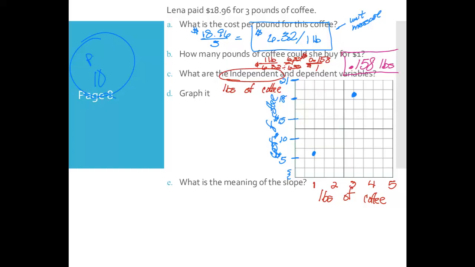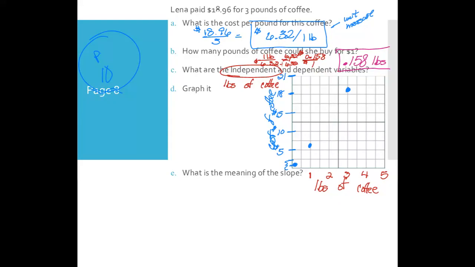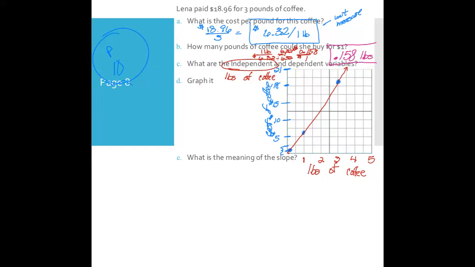And 0.158 pounds would be maybe way down here. And I can connect all those together. Oh, that's not too bad. So this is a linear function because we are keeping that same rate for all of these prices and all of these pounds.